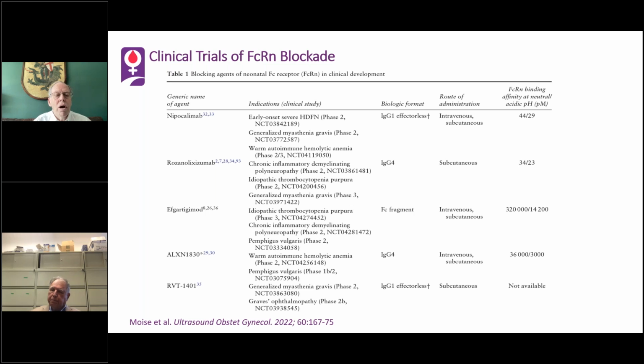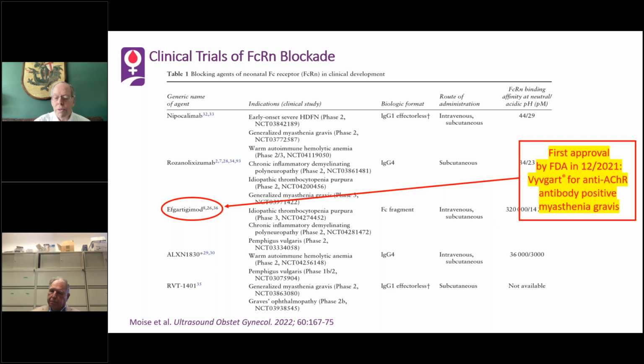Currently, efgartigimod and rozanolixizumab are licensed for myasthenia, and efgartigimod is also licensed for chronic inflammatory demyelinating polyneuropathy. This bullet points out that it is licensed for people who have known anti-acetylcholine receptor antibodies, which in myasthenia is the great majority of the patients.